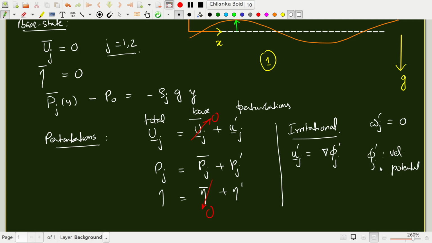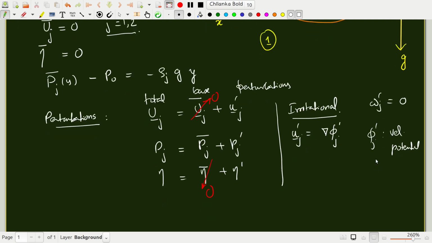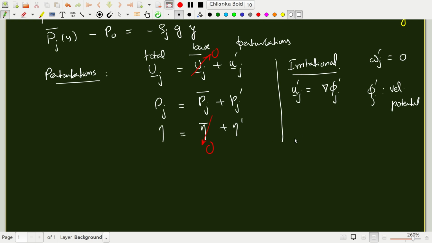You are thinking of the flow to be potential flow, because we have assumed inviscid fluids, and inviscid plus irrotational flows are potential flows in fluid mechanics. So this is called the velocity potential.